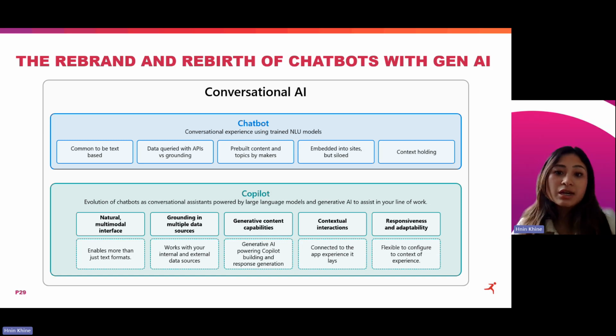It also has generative content capability, so that it can enhance contextual awareness of topics and the user's need to get a resolution much quicker, without a lot more effort or investment into the chatbot itself. And finally, responsiveness and adaptability, so being able to detect that user context and provide the appropriate response as well.